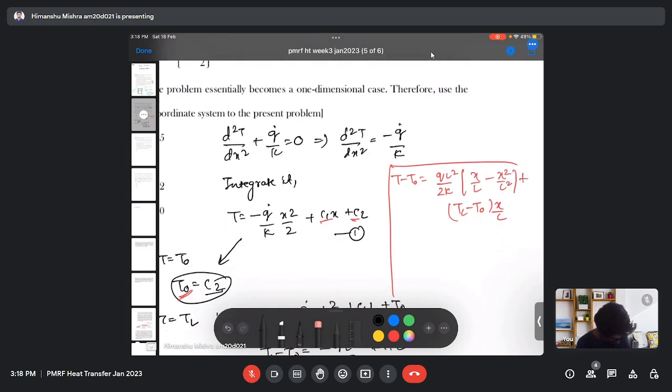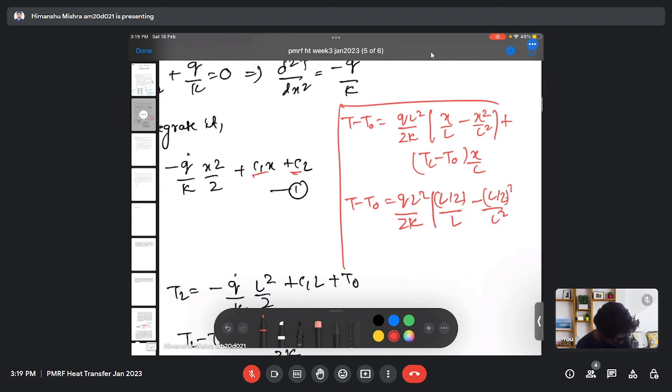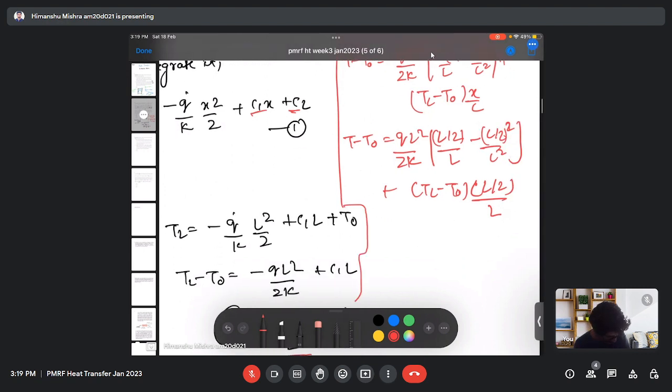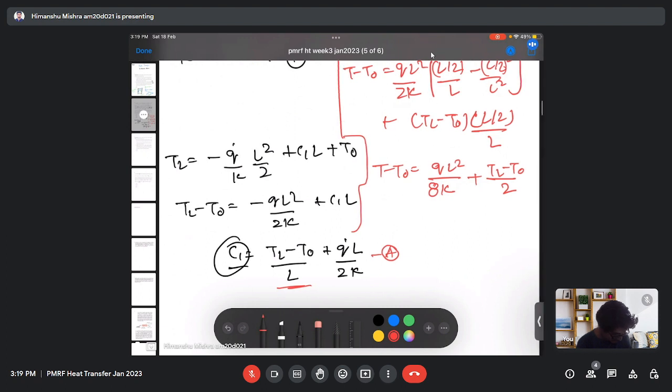So it will be T minus T0 equals QL by, and we will put L by 2 here. On further simplification, I can write this as, so this is my temperature at x equal to L by 2.